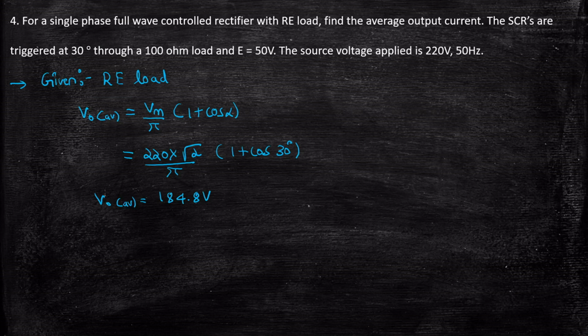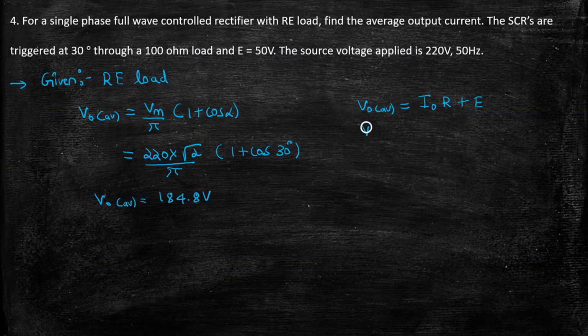Now how do we find the value of Iout? Applying KVL at the output terminals with an RE load, you will be getting Vout equal to Iout into R plus E, isn't it? We know the value of Vout, so substituting, you will be getting the value of Iout.